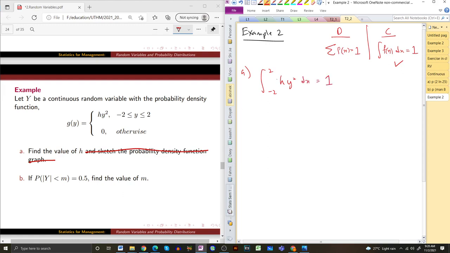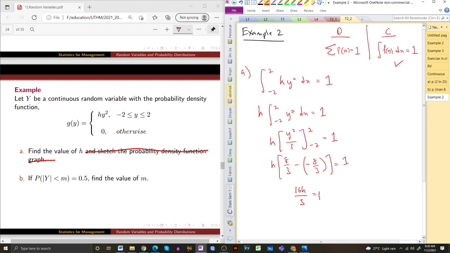This one should be 1. h is just a constant number, so I can take h outside. This would be your h.